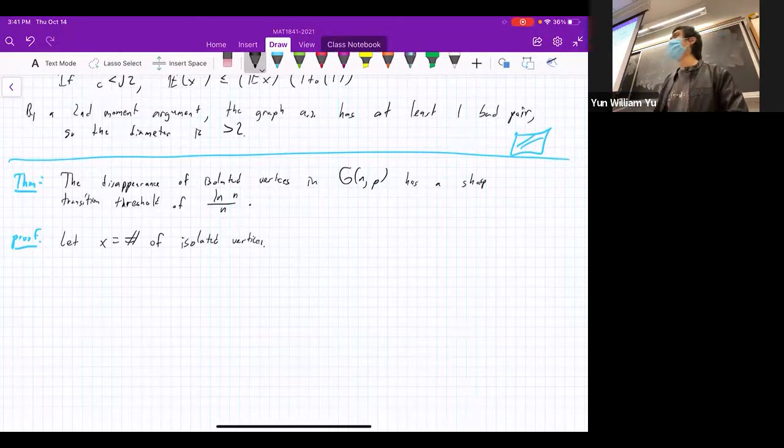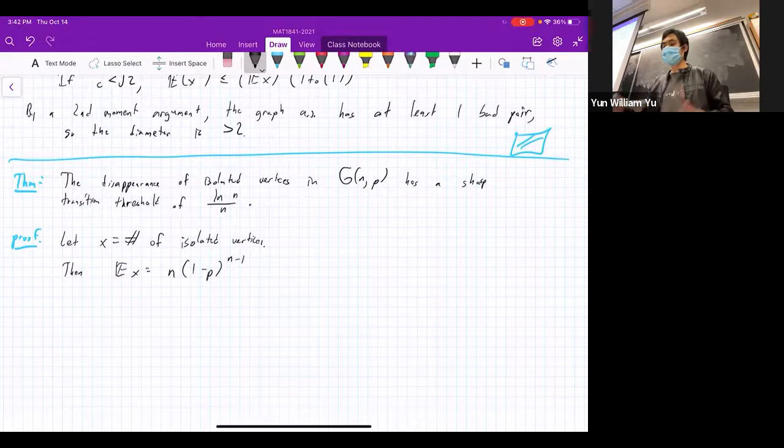And that gives us immediately the expectation of the total number of isolated vertices: the expectation of X is equal to n times (1 minus p) to the n minus 1, because linearity of expectation holds even when you don't have independence. And so that's relatively easy.